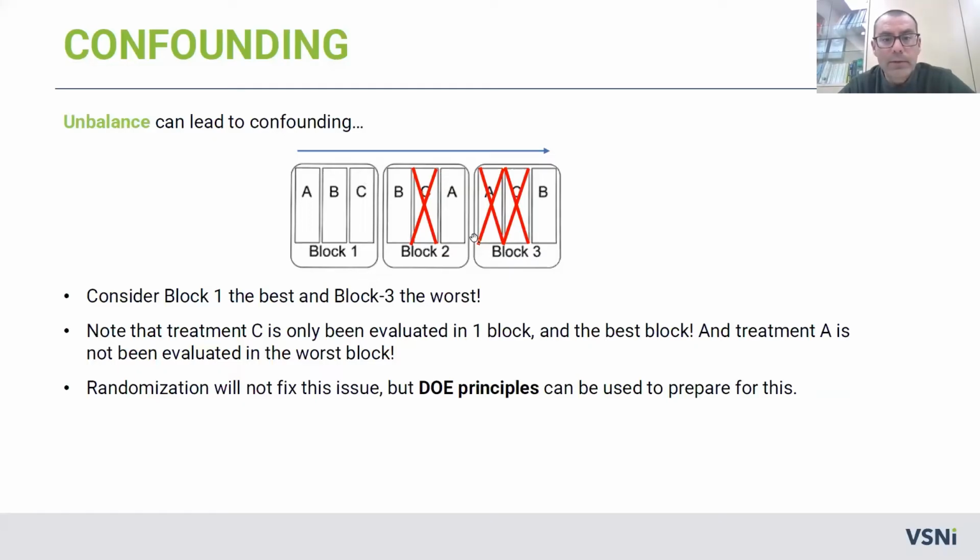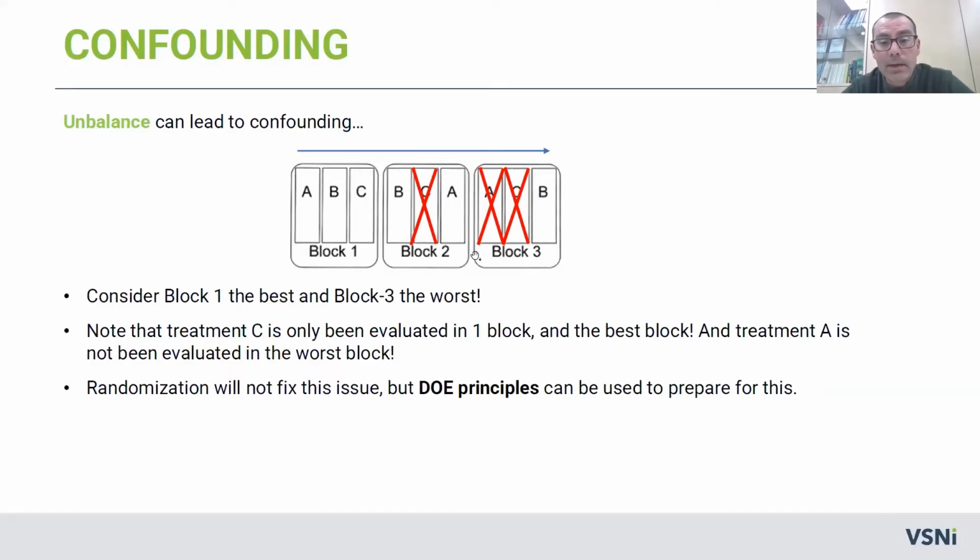And for the same reason, B is the only one that will be unbiased in its estimate because it's being represented in all the blocks, but treatment A is also going to be biased because it's missing on the worst block. So those conditions are not in our control, but it's important to identify, when you have missingness, what could potentially be the effects of that missingness.